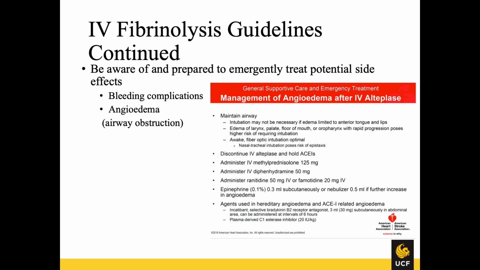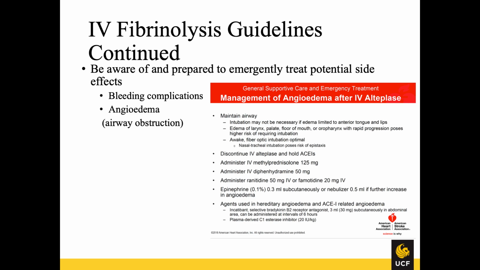Another problem, so we talked about spontaneous intracranial hemorrhage, but another problem that can occur that is maybe even more emergent is angioedema. And the reason why that is probably more emergent is because it can result in airway obstruction. So maintain the airway first and foremost.